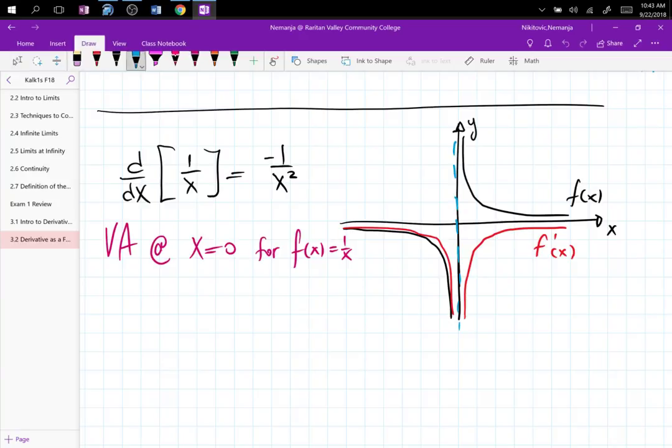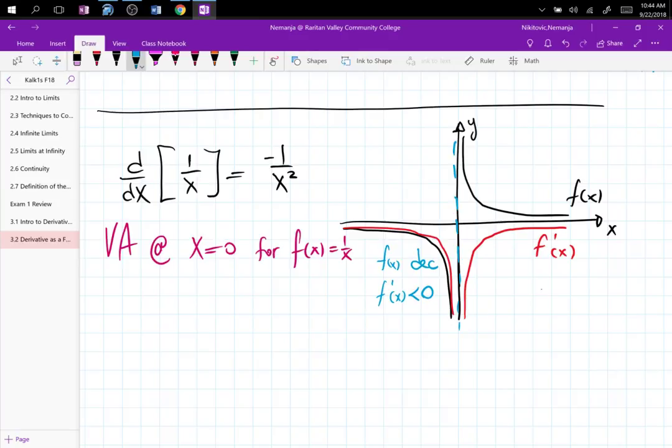So now let's go and do the analysis. The black function f of x is decreasing. If the black function f of x is decreasing, we have the red f prime of x below the x-axis, negative.